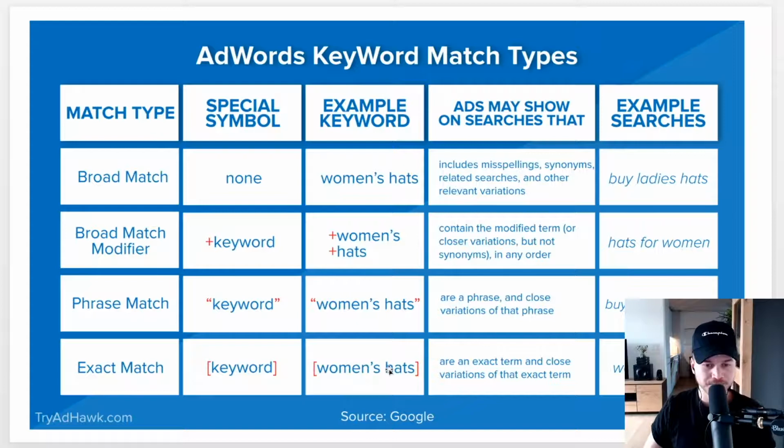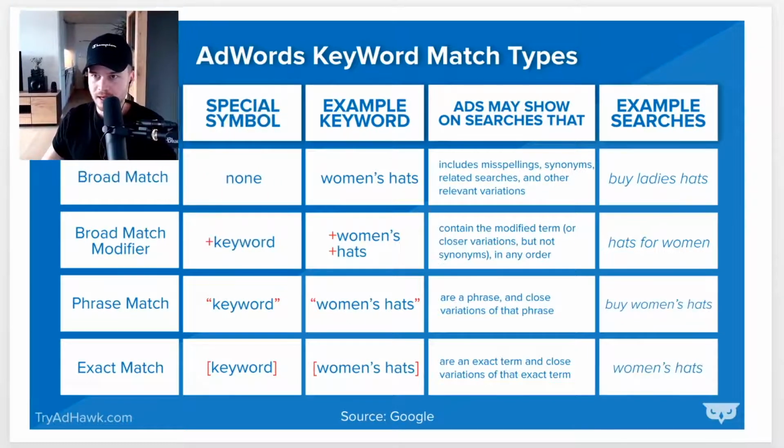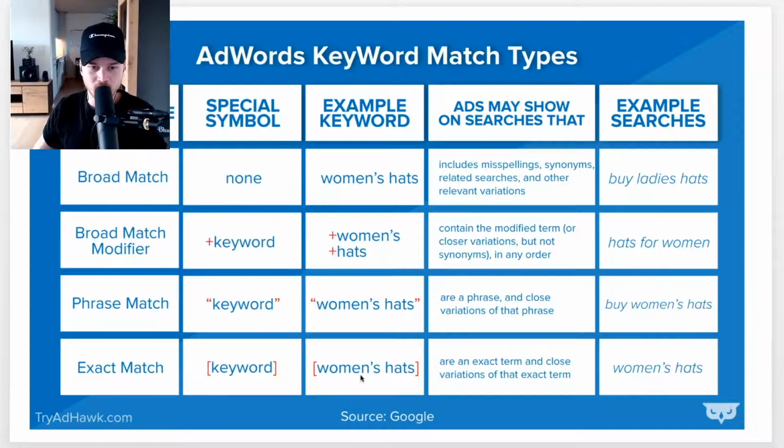So only this exact word or a close variant of that word. As an example, when somebody types in women's hats and I do the exact match of women's hats, then people only see it when people type in women's hats or women's hat, for example, because that's the singular version of hat.